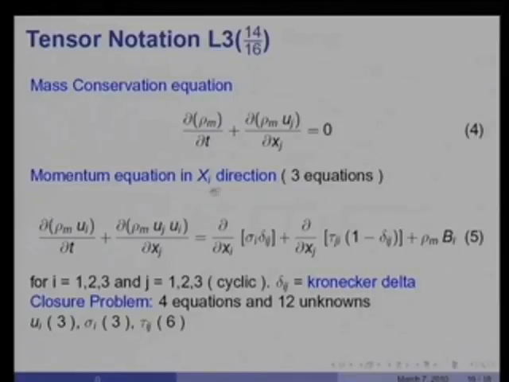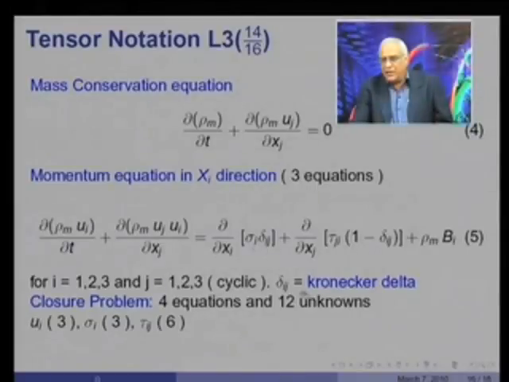Momentum equations in direction xi can be written as d rho m ui by dt plus d by dxj of rho m uj ui plus d by dxi of sigma i delta ij, where delta ij is the Kronecker delta. It equals 0 when i is not equal to j and equals 1 when i is equal to j.